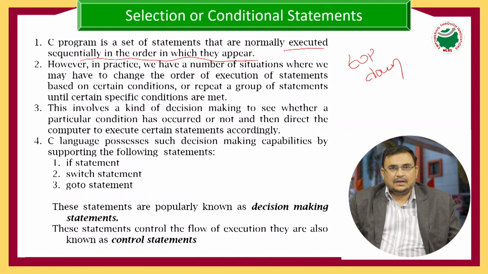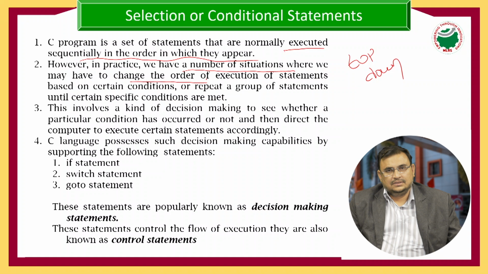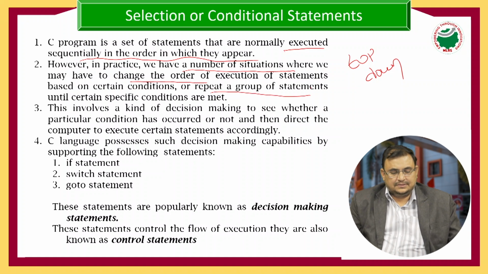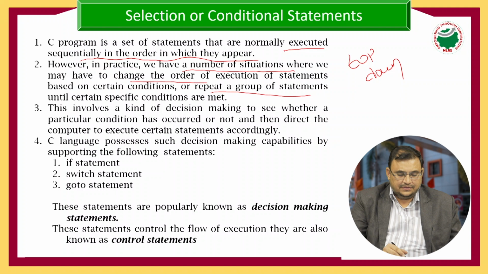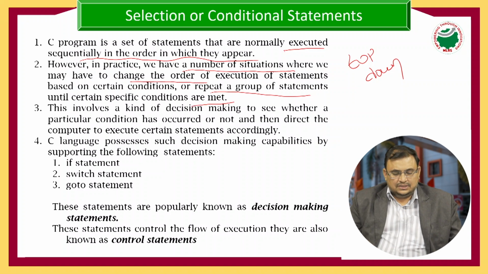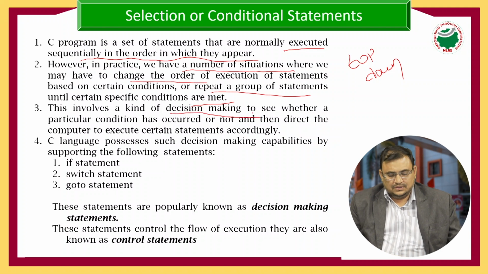However, sometimes we have situations where we have to change the order. Some statements are executed based on a condition, or some statements are repeated until specific conditions are met. So, this involves a kind of decision making to solve problems.